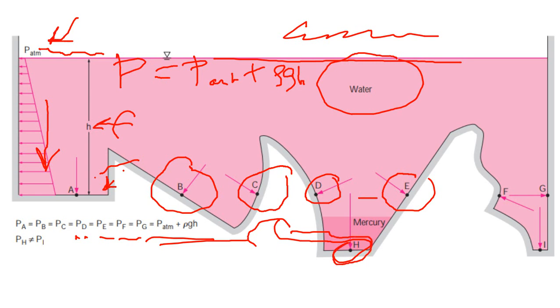The depth you have at D and E is somewhere here, and the depth you have for H is somewhere here. So you have an increase in H, so the pressure is expected to increase. But not only that, you also have another fluid, mercury, here. So the pressure will be different from that of A, B, C, D, E, F, and G.